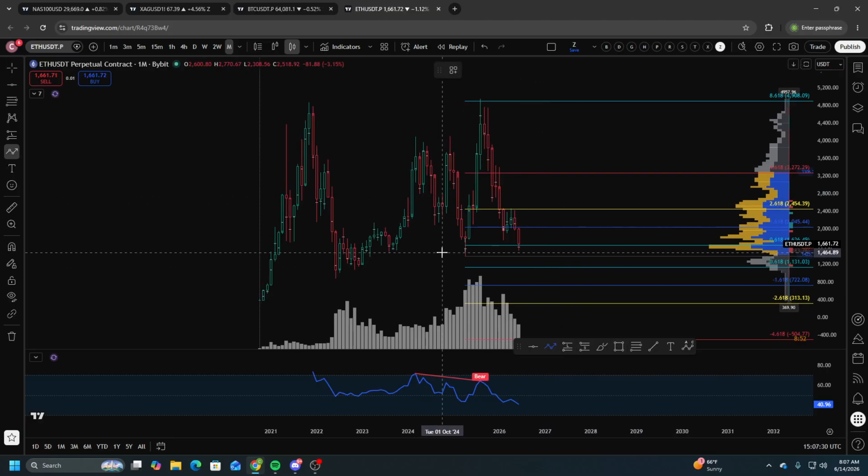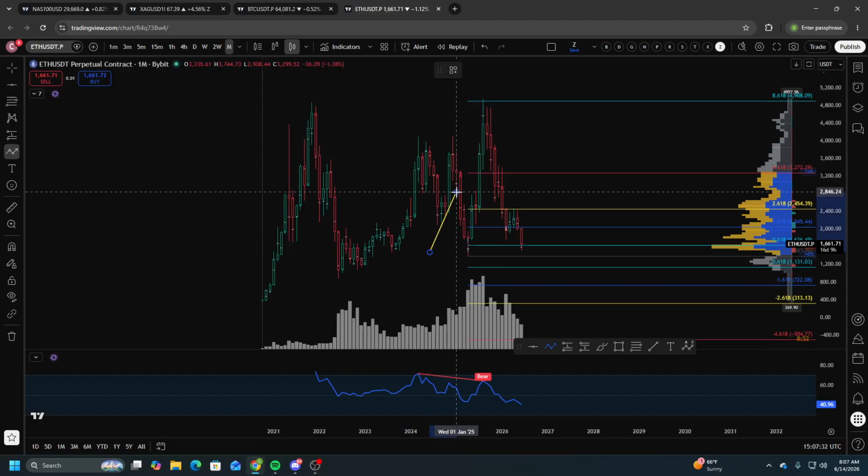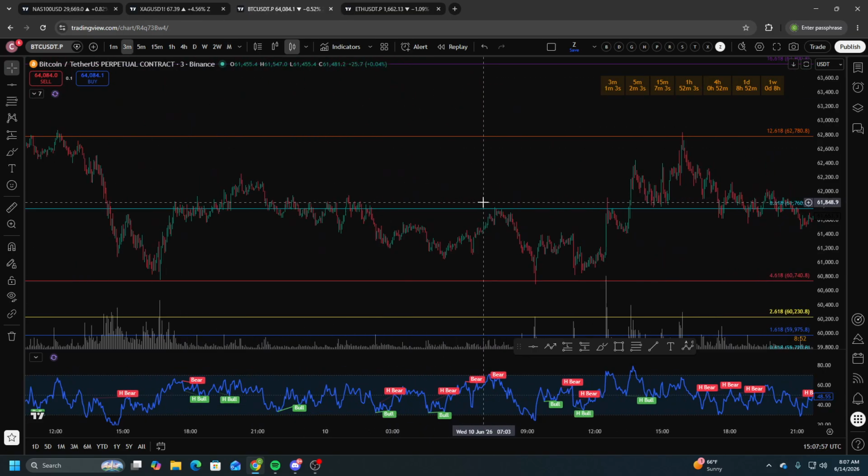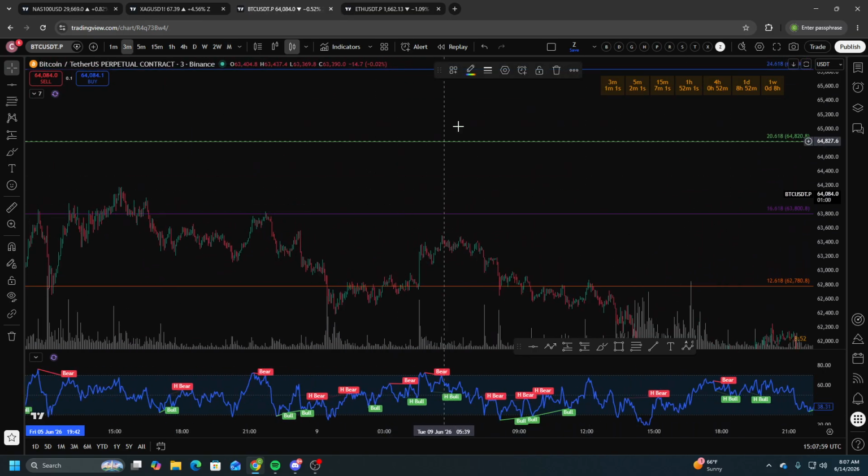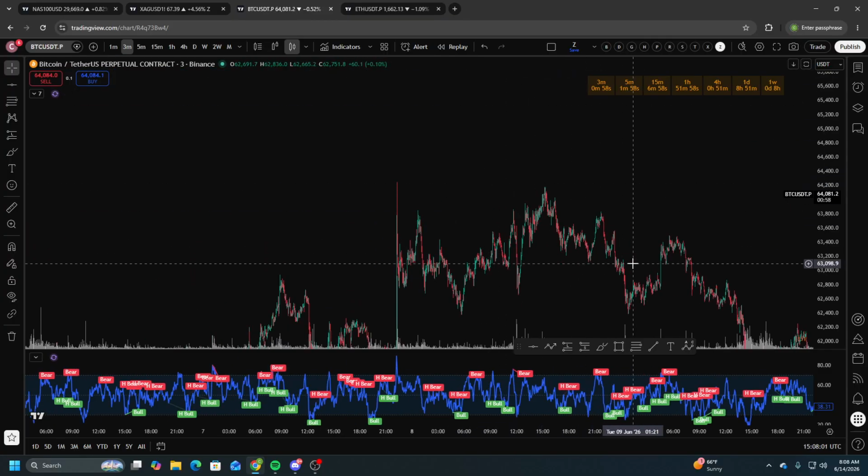So from this pull, we were able to identify these levels here, which acted as the swing that took you up here, which acted as the swing here, where we lost it and retested it. And it acted as a rejector here. And it's still acting as a rejector here.